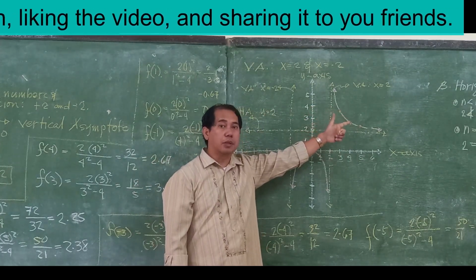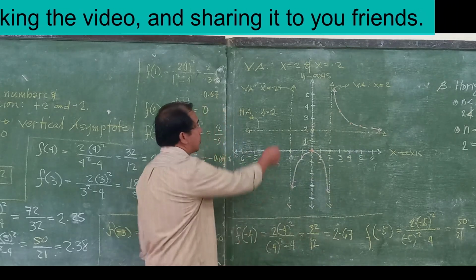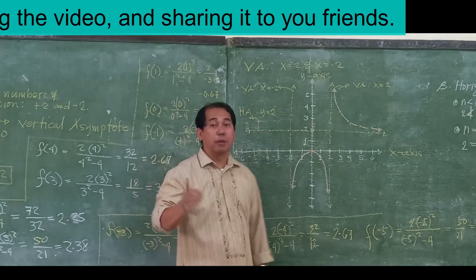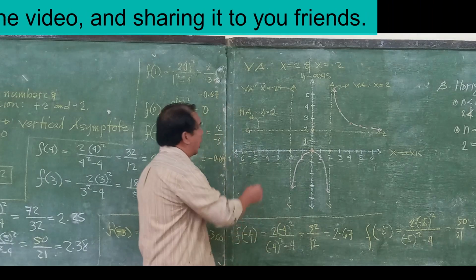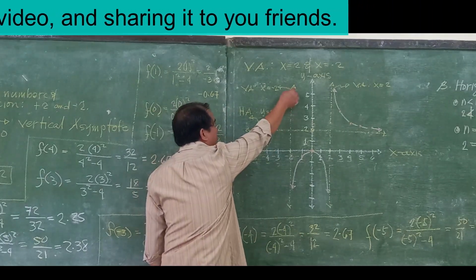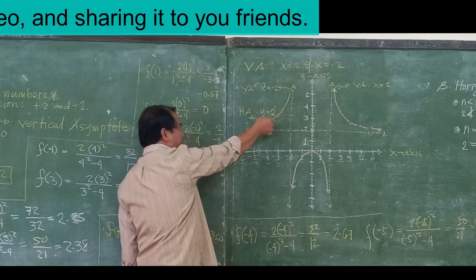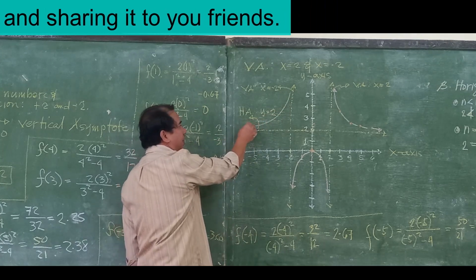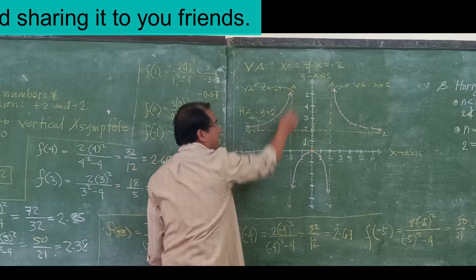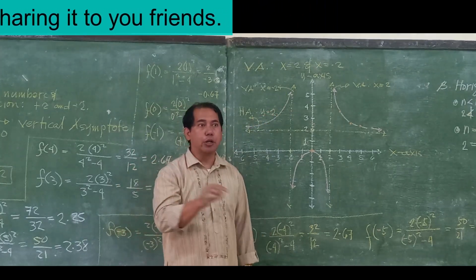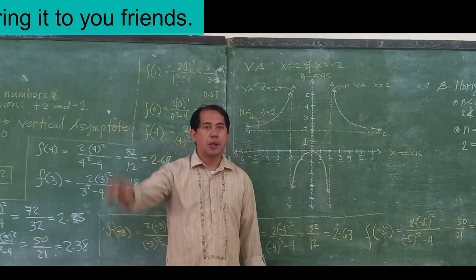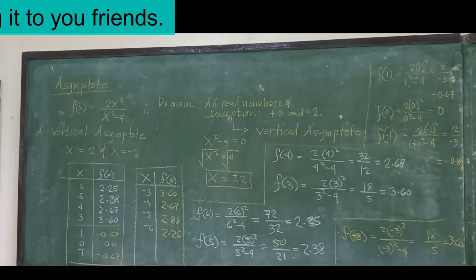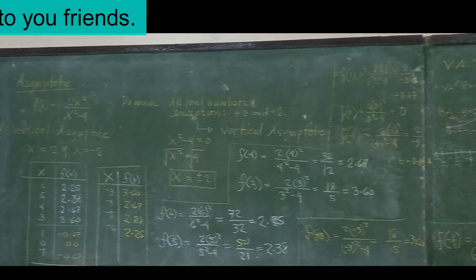Okay, so the graph is located in here. So would you mind to plot them? I will just show them. The graph is located in here. But you plot them properly, showing the points.